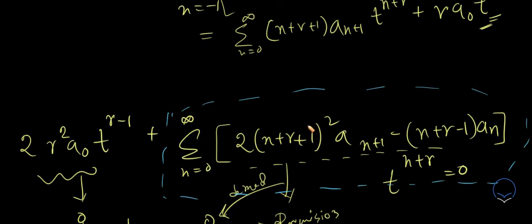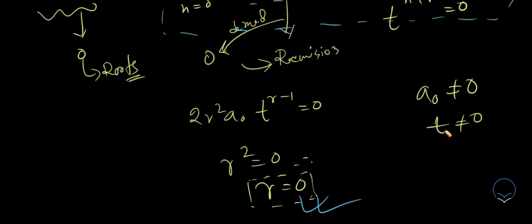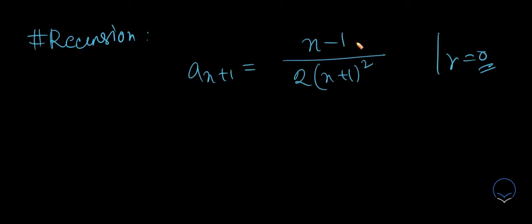So to simplify things, you put r equals 0, so n plus 1 whole square goes in the denominator, and the numerator is n plus r minus 1, but r is equal to 0, so this is just n minus 1. So that's why I have written here n minus 1, and in the denominator 2 into n plus 1 whole square, and obviously there is this a of n.